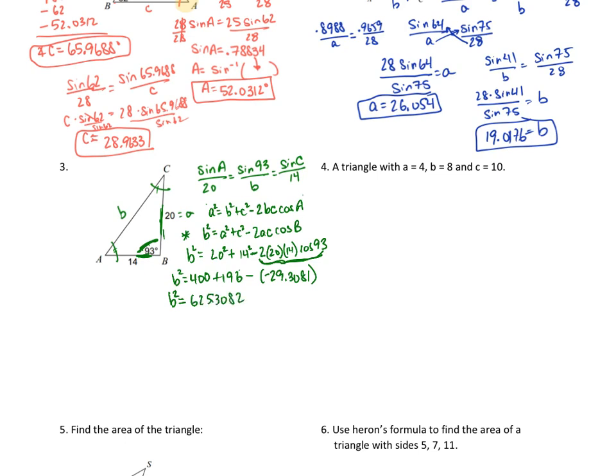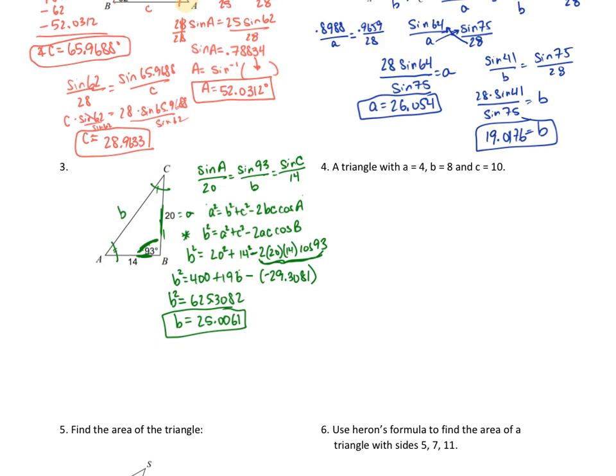Take the square root of that answer, and I will end up with b as being 25.0061. Now I can use this in the law of sines. I don't want to use the law of cosines again because the law of cosines is a lot of work compared to the law of sines.